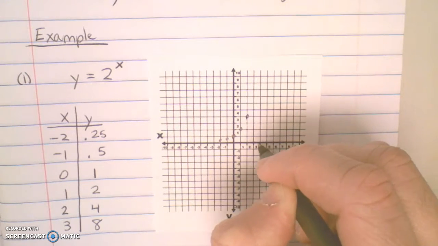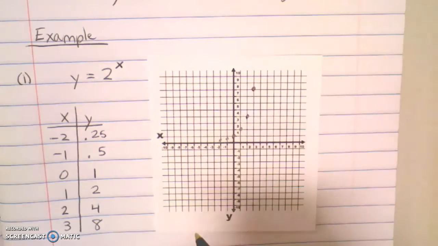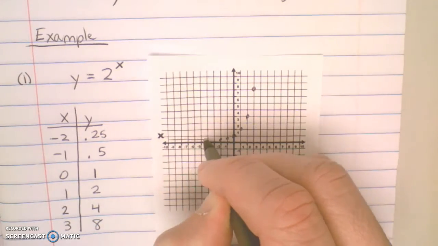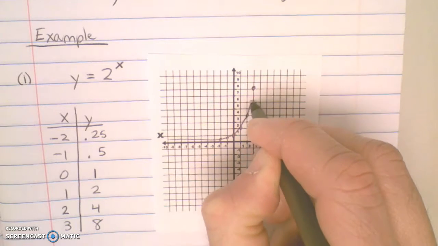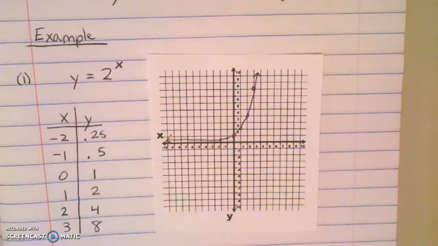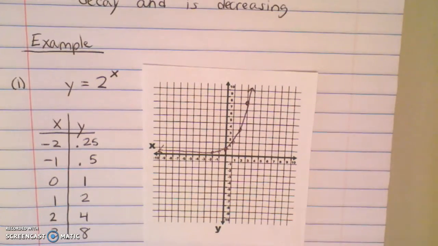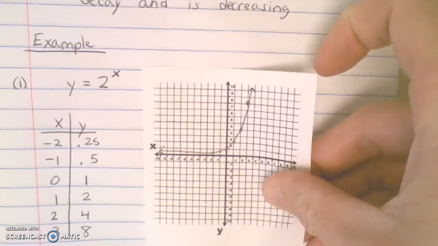And that's where I can start seeing the change. All right, something to notice is that my line here does not go below the x-axis. So I can straighten that out.